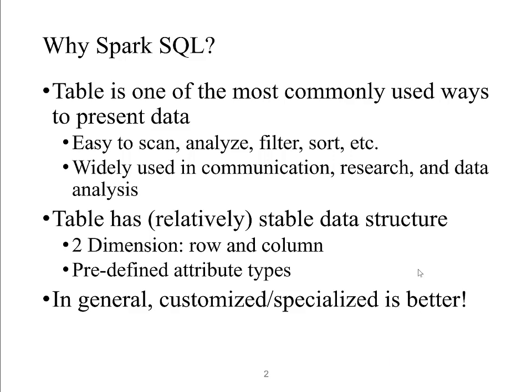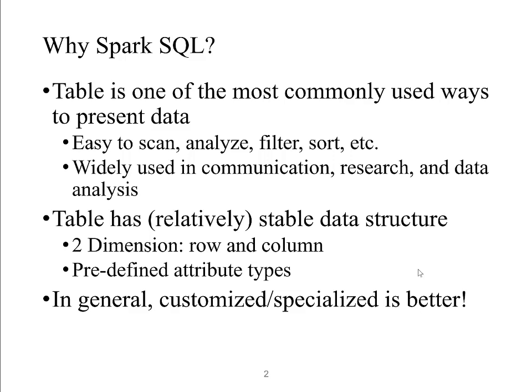And table has a relatively stable data structure. It is 2-dimensional. When we talk about table, we always assume it's 2-dimensional. So it has rows and columns. Usually, each row represents a tuple or an entity or an object.